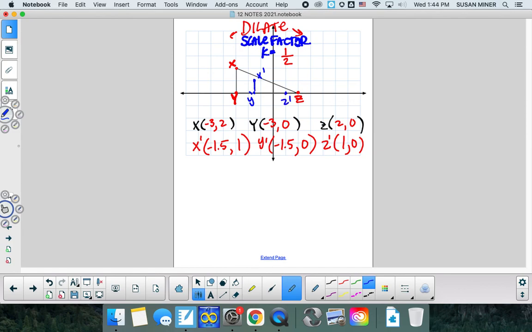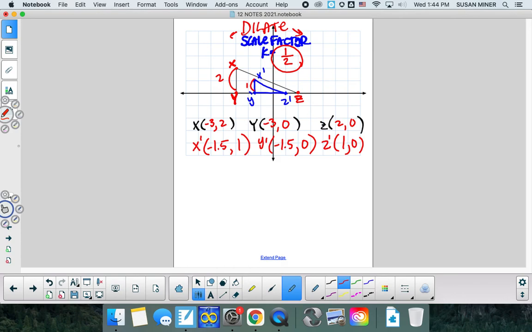There's Z prime. And then I reconnect my dots. And there's my shape. And we can check our work and see, hey, this side length is a 1. This side length is a 2. My new shape just got half of its original size. And we can see those side lengths are proportional, 1 to 2, just like my scale factor, okay?